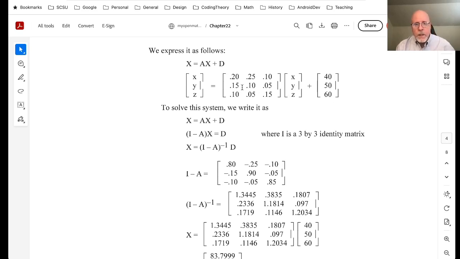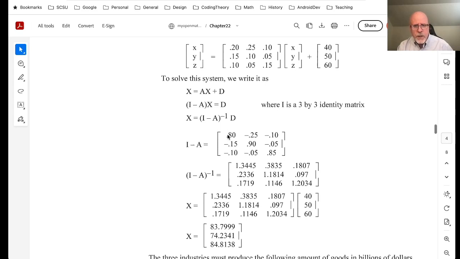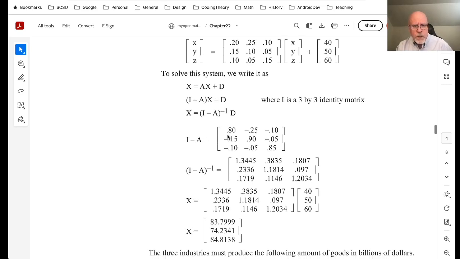Let's see if we can work the algebra the same way. We started with x equals ax plus d. Subtracting ax from both sides and factoring it out, you get I minus A, just like we had a minute ago, times x on the left-hand side. And then d is what remains on the right-hand side. That is, we will have an augmented matrix that is no longer a column of zeros. That's known as a homogeneous system. We've got numbers on the right-hand side now that correspond to our consumer demand.